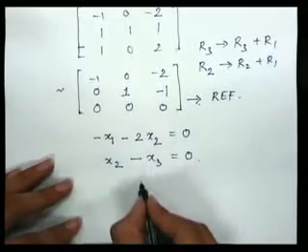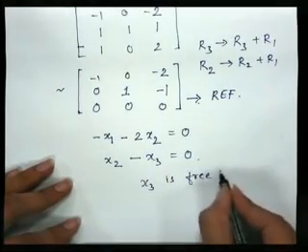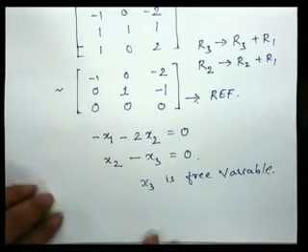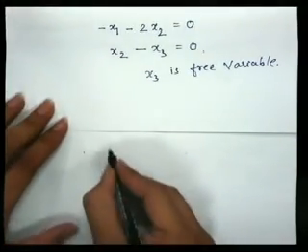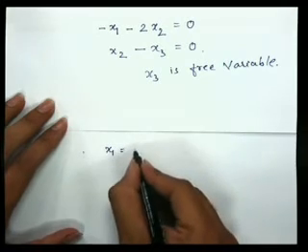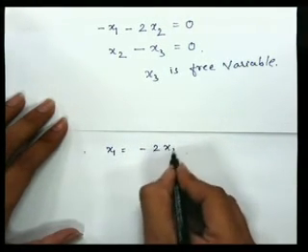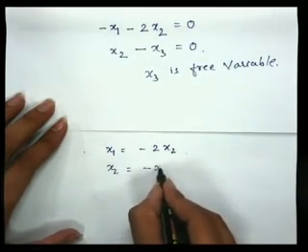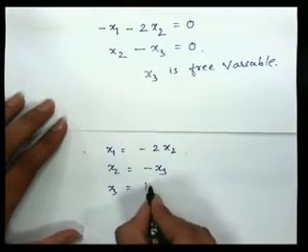Therefore x3 is a free variable, and you can assign any value to it. From these equations, x1 is equal to minus 2x2, x2 is equal to x3, and x3 is equal to say k.